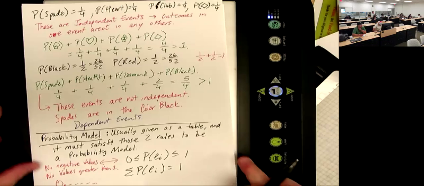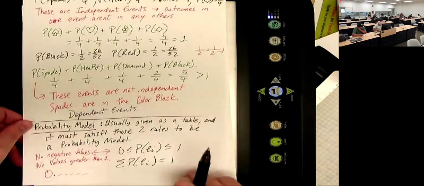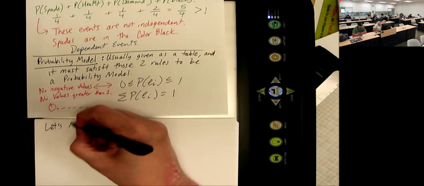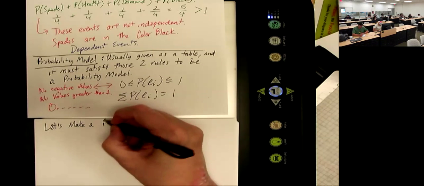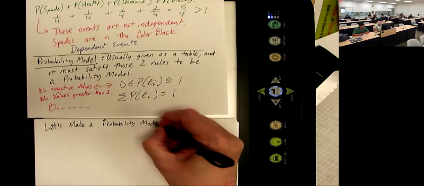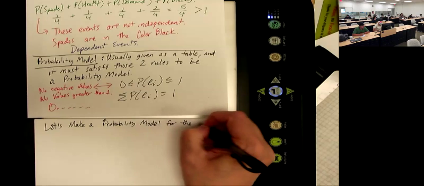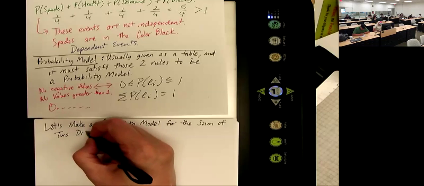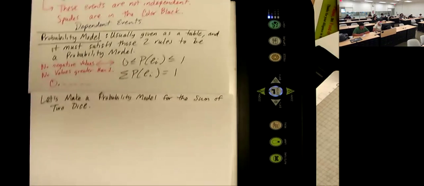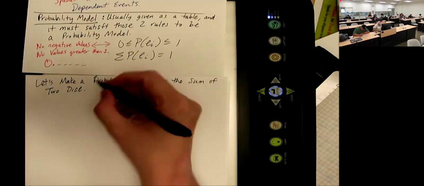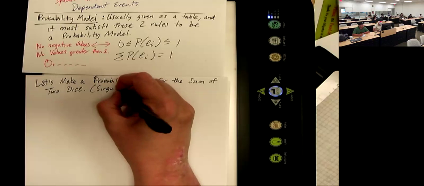This next thing comes up a lot, so I'm gonna draw a table so that we can come up with a probability model. Let's make the probability model for the sum of two dice. Fun fact, singular is die.